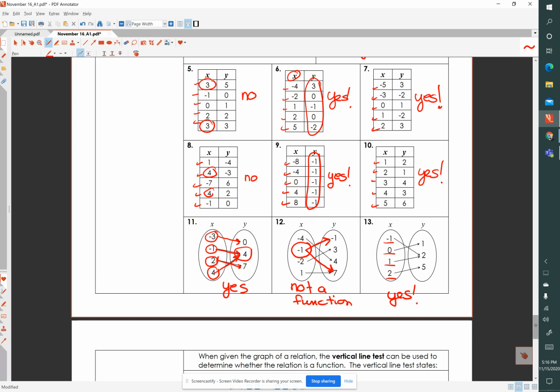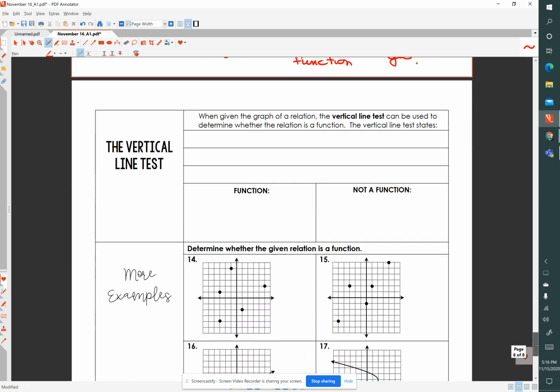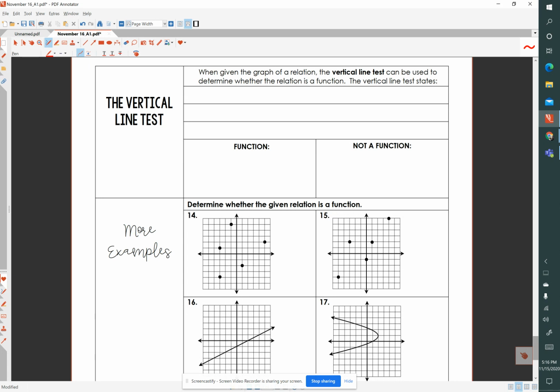And finally, one easy way to tell that something is a function is that if a vertical line intersects a graph more than once, then it is not a function. With a function, a vertical line will never intersect a graph more than one time. So now we're answering the question, what is the difference between a relation and a function?